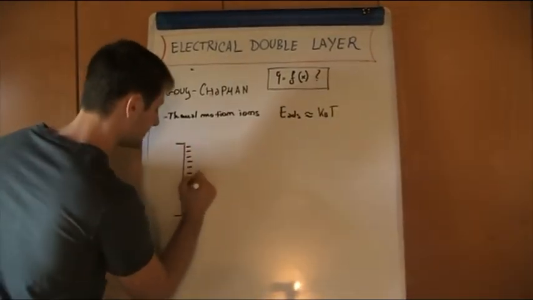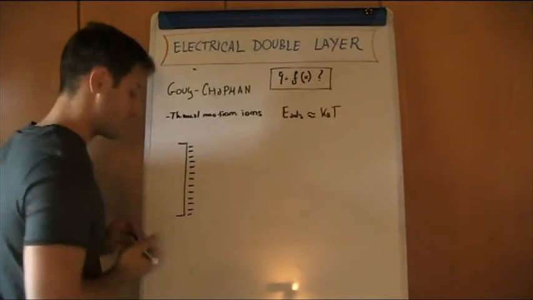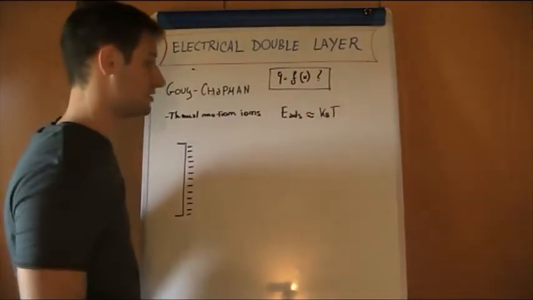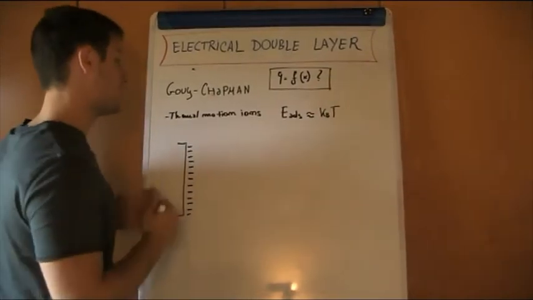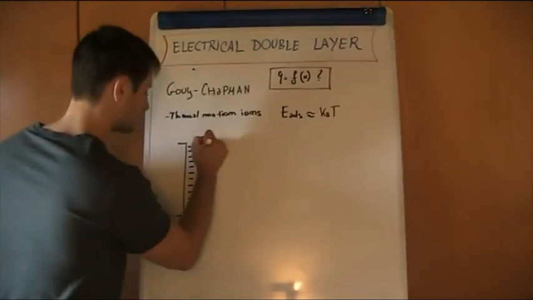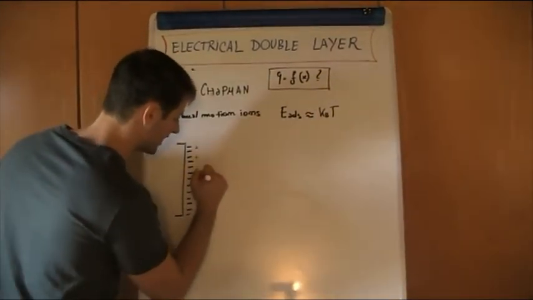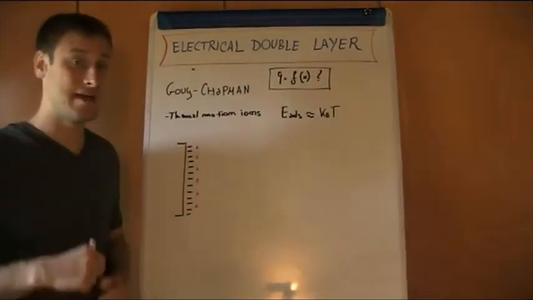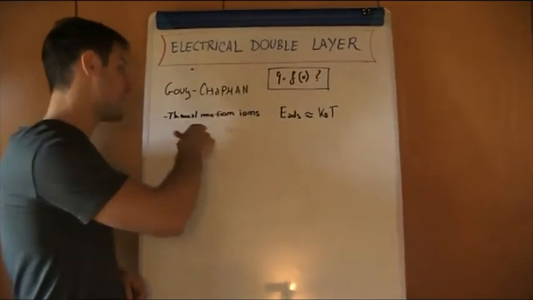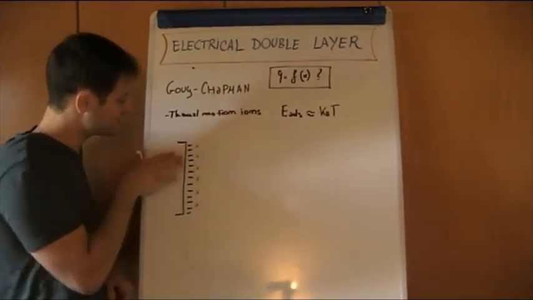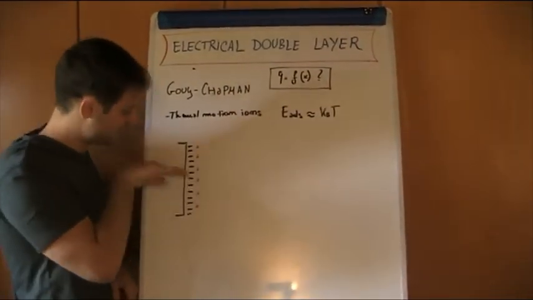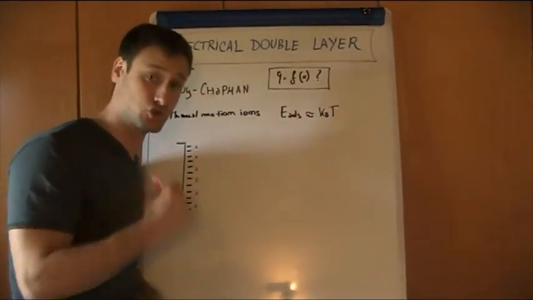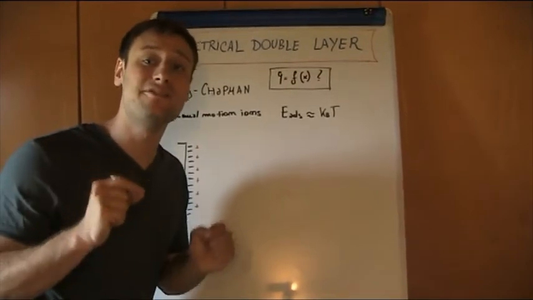But since we are now talking about a balance between the absorption energy and the thermal energy, it's true that we have a high concentration of positive cations here in order to compensate the surface excess. But at the same time, since we have a thermal motion trying to push cations even in the opposite direction, this compensation mechanism is ensured only for infinite distance.